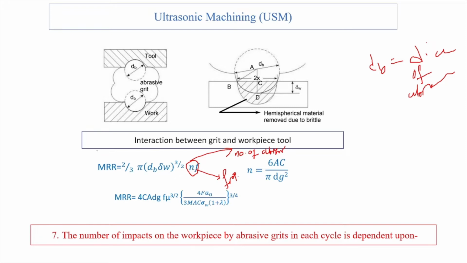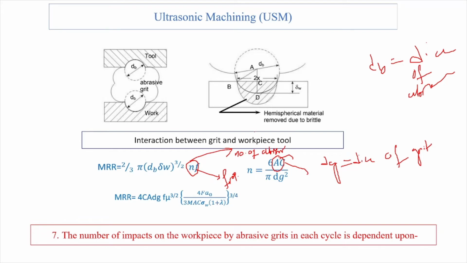Okay, so if A is the total surface area, and C the surface area of the tool facing the workpiece, then the volume of the abrasive slurry of 1 grit thickness we can say is A into dg, where dg is the diameter of grit.